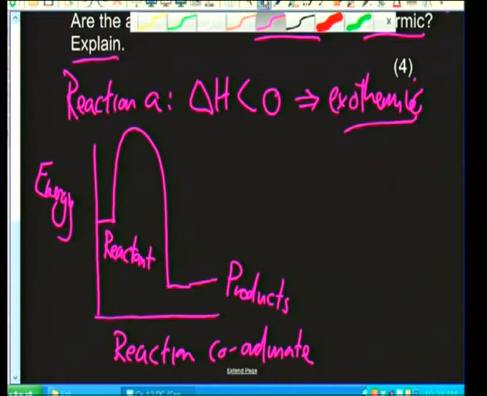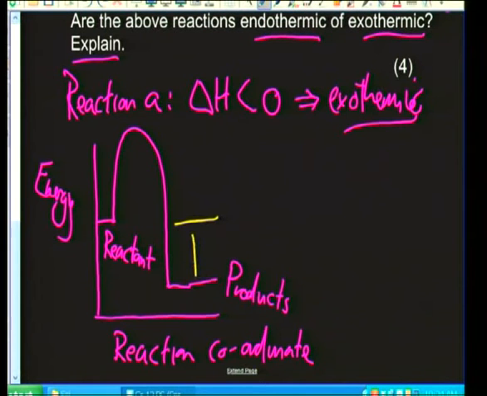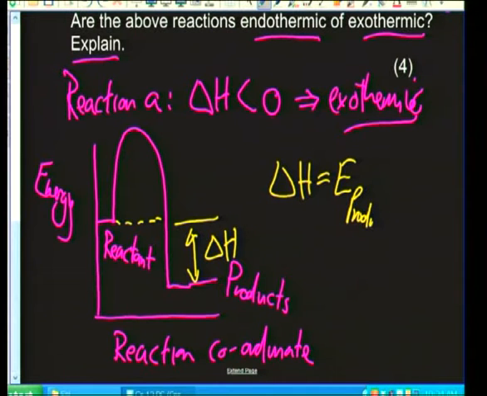Now, I hope you can see that as a result of this, your delta H is represented by that difference there. The difference between the energy of the products. So what is delta H? Delta H is the energy of the product minus the energy of the reactant.